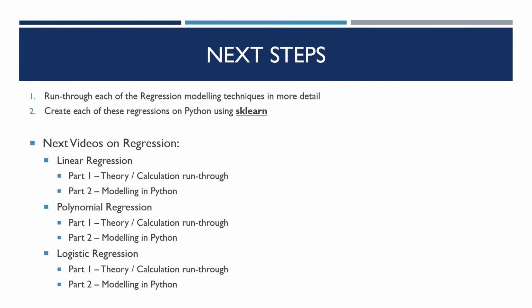So what happens next is we're going to go over the theory part of linear regression, and then in the next video after that, we're going to model it in Python using a really great module called sklearn, and it's perfect for this sort of thing. And then after we've done parts 1 and 2 of linear regression, we can then focus on polynomial regression again with parts 1 and 2, and then logistic regression parts 1 and 2.